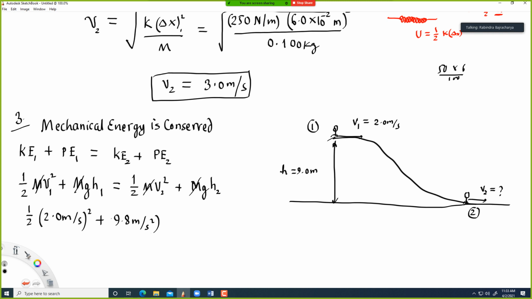That's always true. Initial height is 9 meters. Equals 1/2 times V2 squared, that's what we want to find, plus, what's the final height? 0, yeah. So that means this is 0.